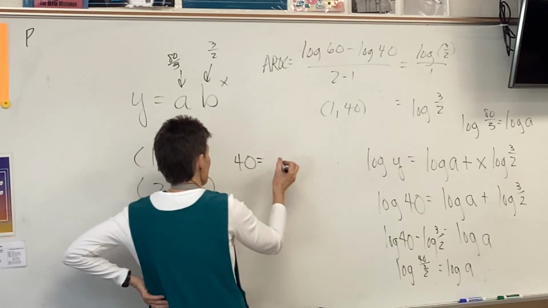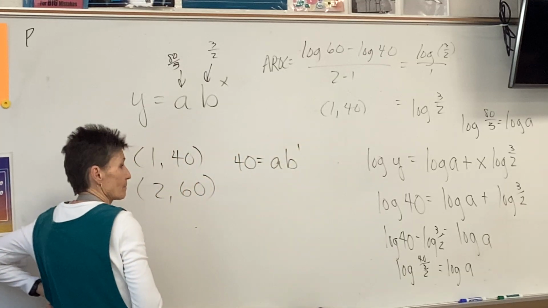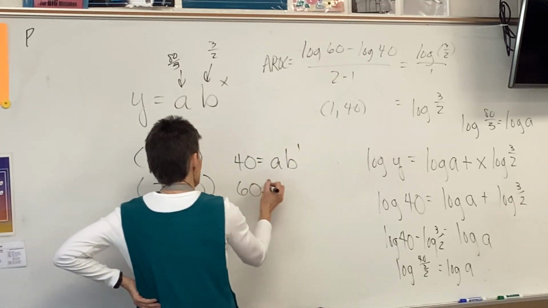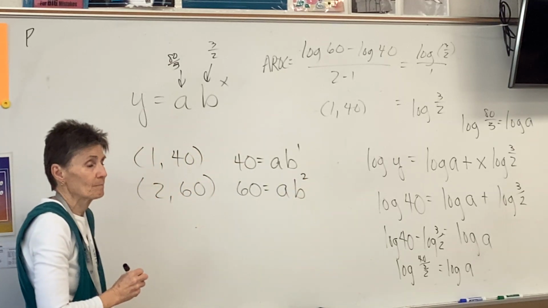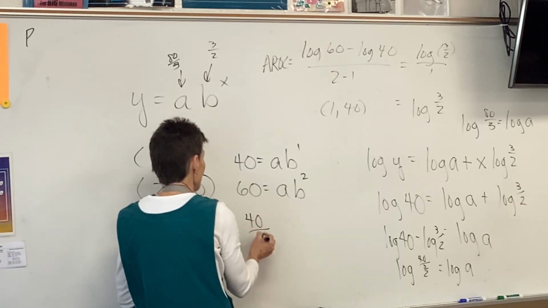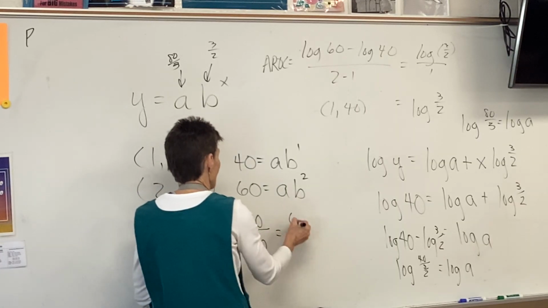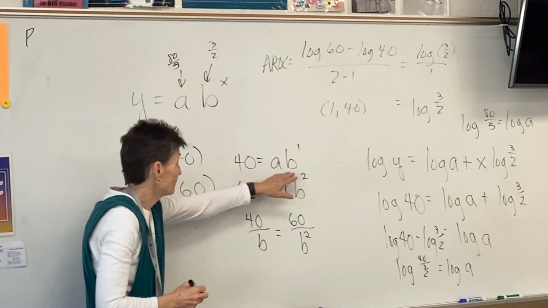So 40 equals a times b to the first. And 60 equals a times b to the second. Would you agree with that? So 40 over b equals 60 over b squared, if I solve for a.